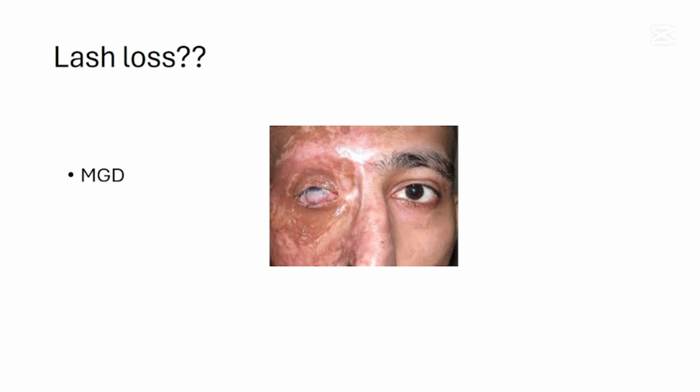The inner layer where there is the opening of the meibomian glands is generally damaged. So that means they might have long-term dry eye problems, because meibomian glands are the ones giving the outermost lipid layer in the tear film.